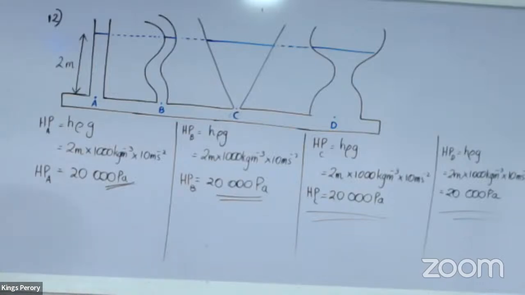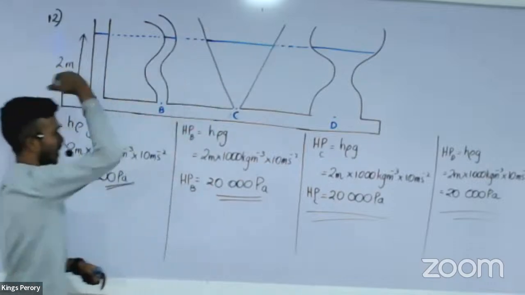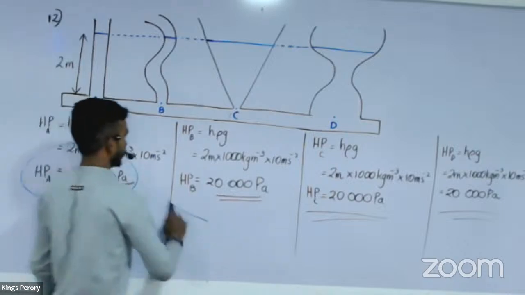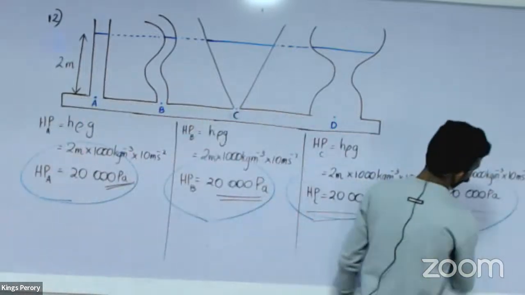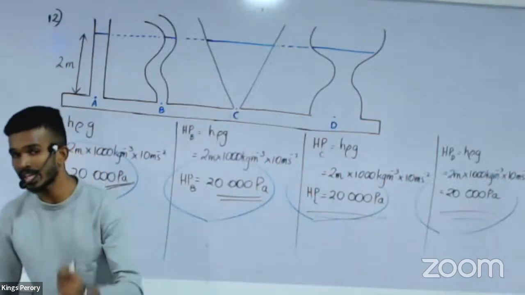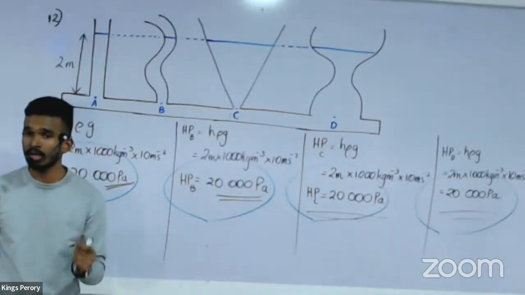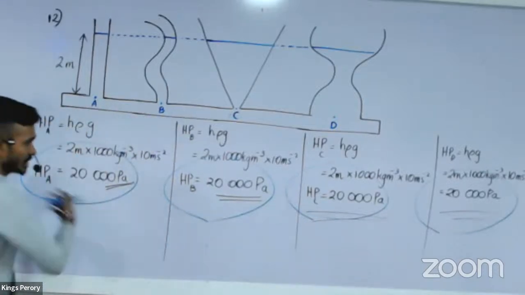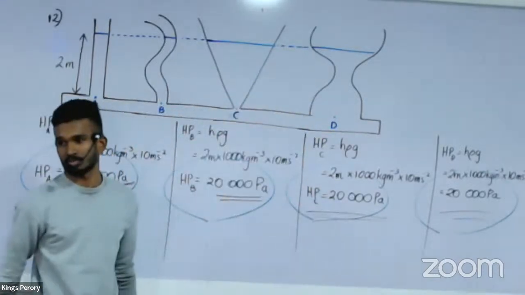See, these tubes, their shapes are totally different. Shapes are different, but still depths are the same. Then hydrostatic pressures are the same. So you all tell me, will hydrostatic pressure depend on the shape of the vessel? No. Different shapes, but still the same hydrostatic pressure.